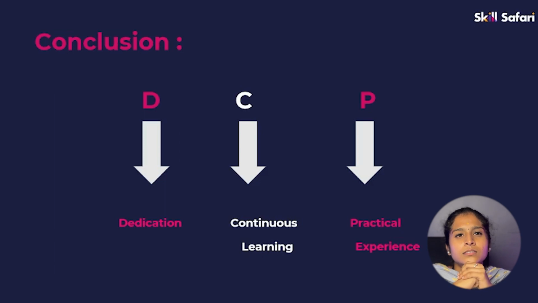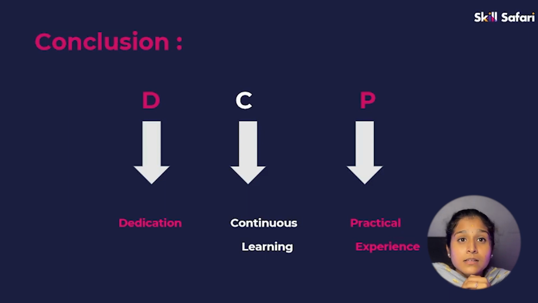To become a best full stack web developer, we should follow the rule called DCP. What is the DCP? D is dedication, C is continuous learning, and P is practical experience.